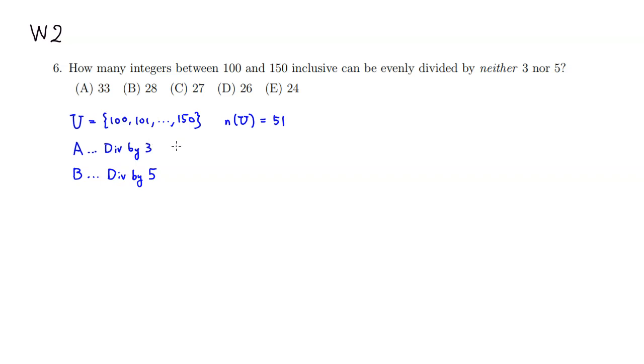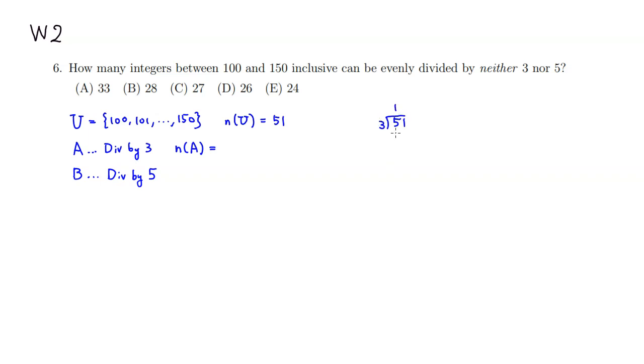All right, so we are looking for the number of elements in set A, divisible by 3. Every 3 numbers, you have a number divisible by 3, right? So let's just go through the division. We have 51 consecutive numbers, and I'm going to divide by 3.